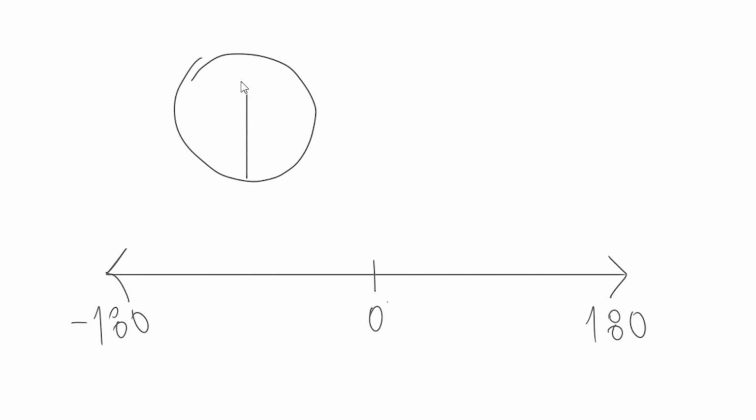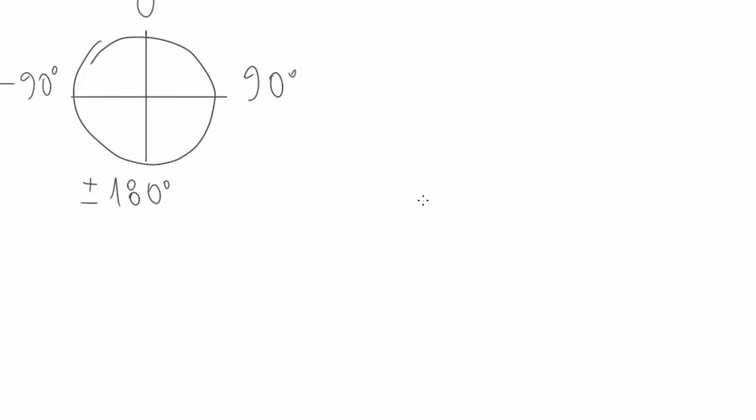where we have 0 here, 90 degrees, minus 90, and here we have 180. We have something in math called the trigonometric circle.